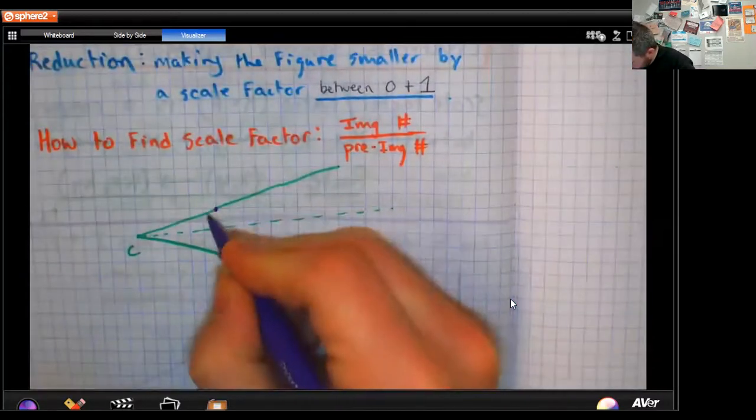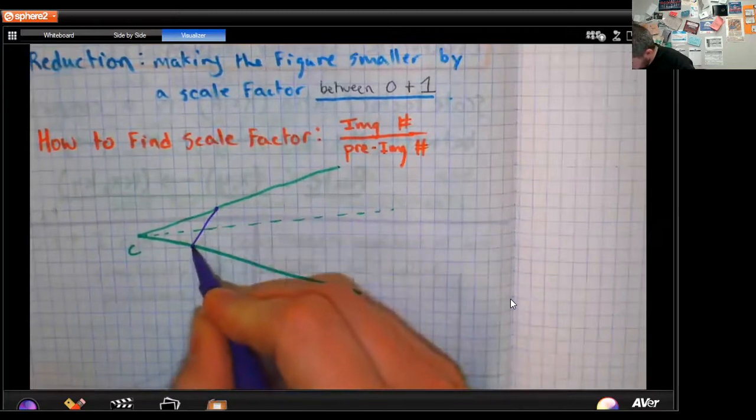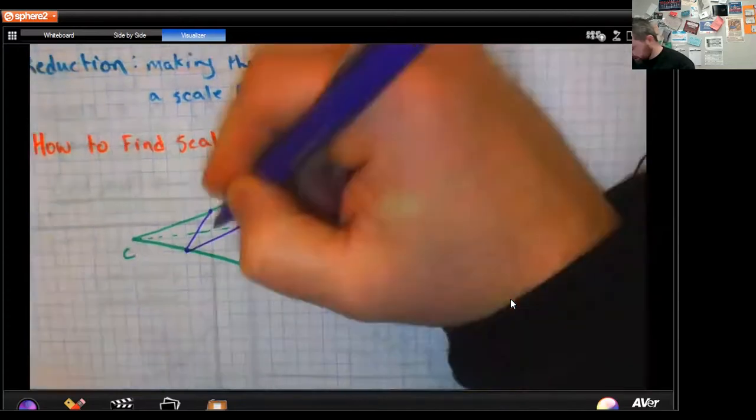Now this isn't a perfect drawing, but it'll give you an idea.